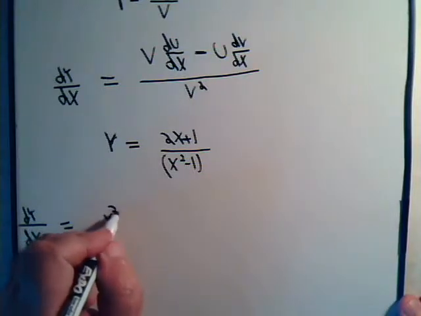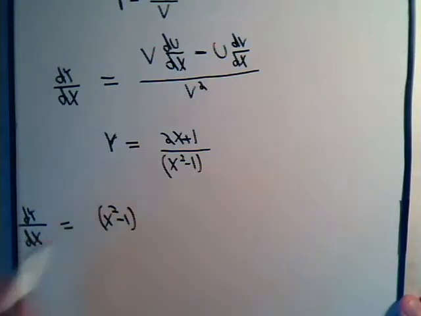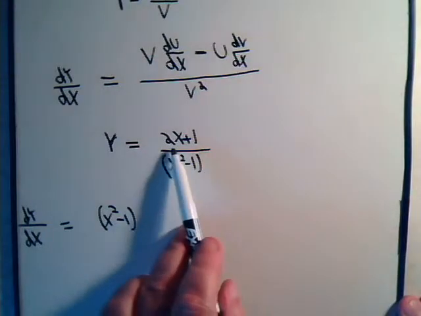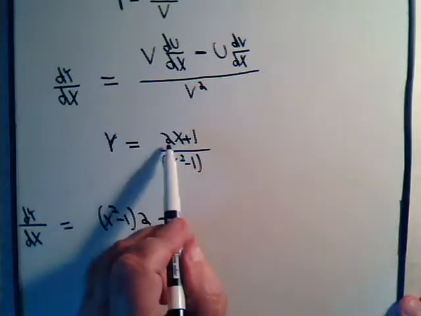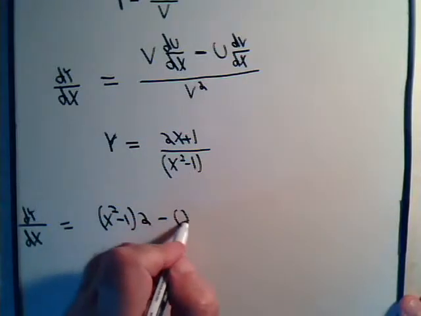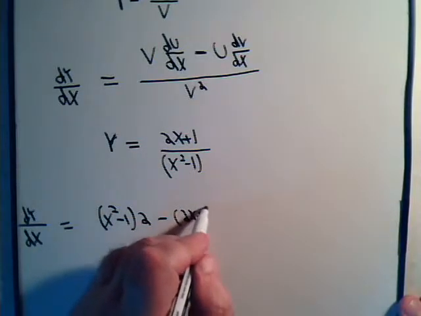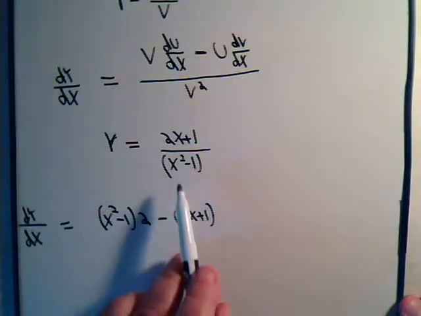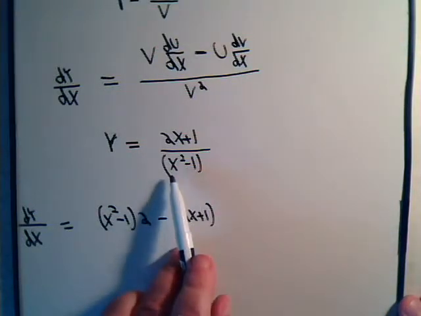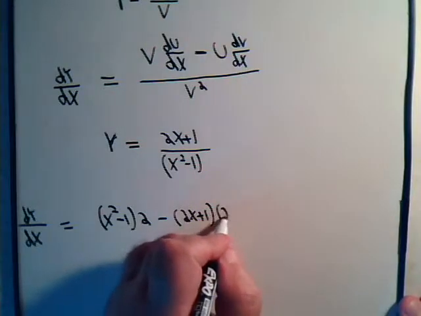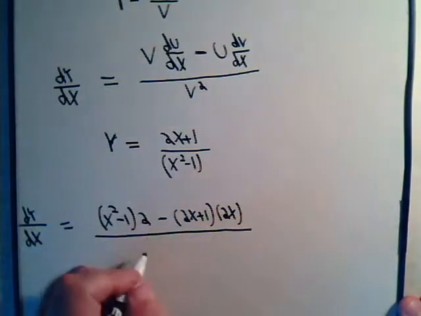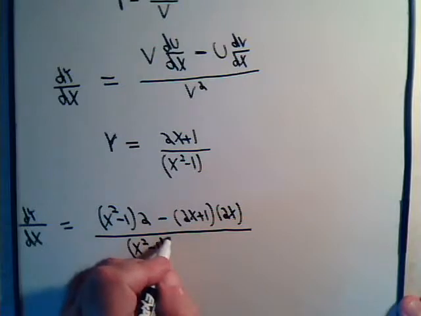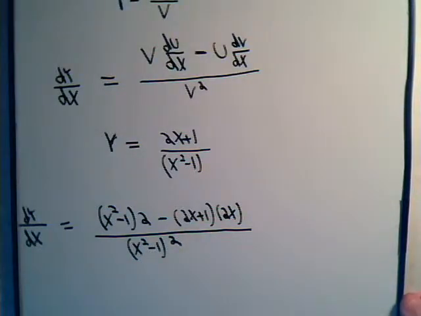So we have x squared minus 1 times the derivative of this, and that's just going to be 2, minus this one now, 2x plus 1, times the derivative of this, and that's going to be 2x. And all of this has to be divided by x squared minus 1 squared.